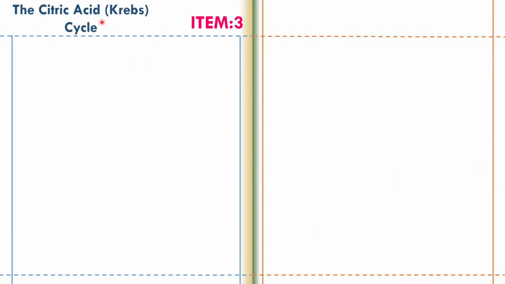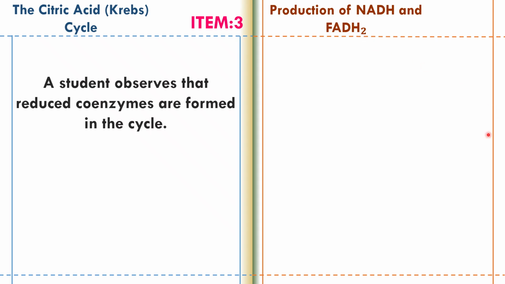The citric acid or Krebs cycle, item 3. Let's focus now on production of NADH and FADH₂. A student observes that reduced coenzymes are formed in the cycle.